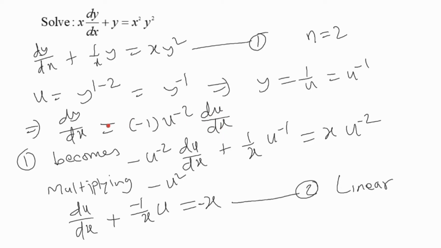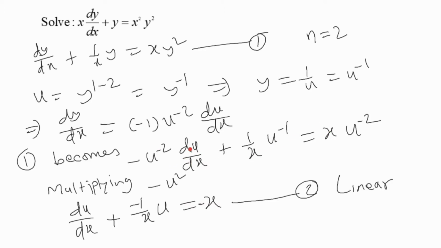Now we put this dy/dx into equation number 1. So equation 1 becomes -u^(-2) du/dx + (1/x) u^(-1) = x u^(-2). Here u is our new dependent variable, so this is also not in standard form.